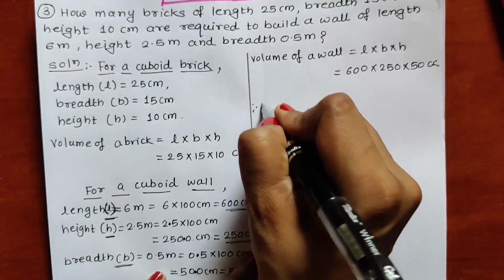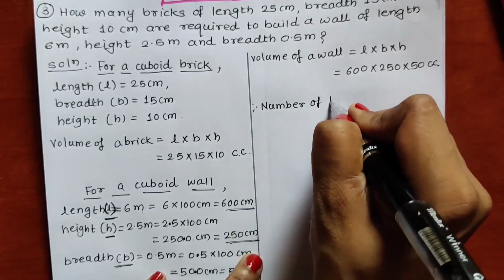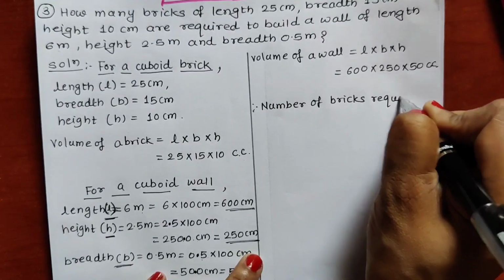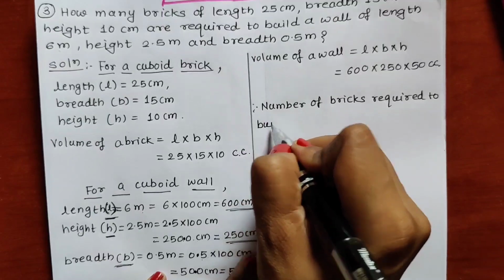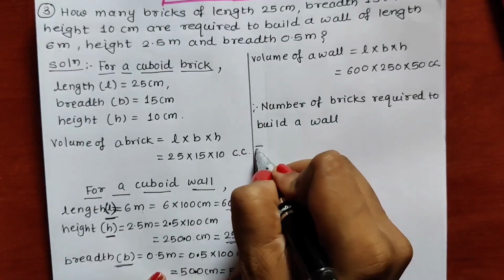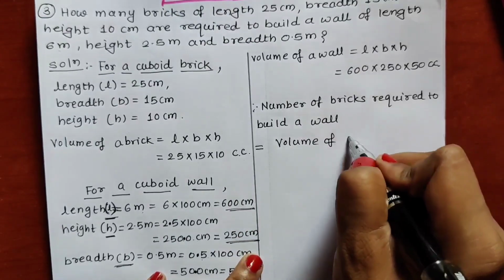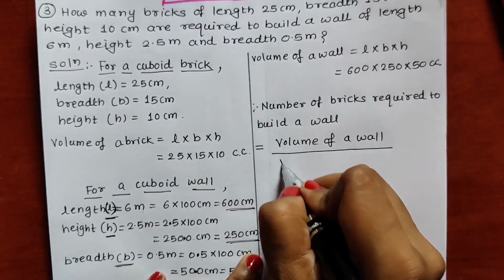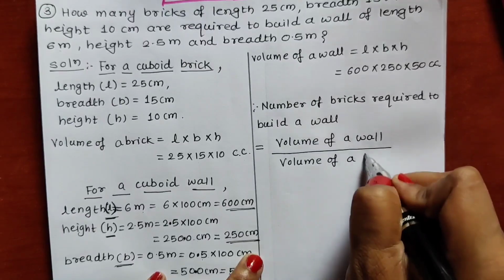So therefore, number of bricks required to build a wall will be equal to volume of wall upon volume of one brick.